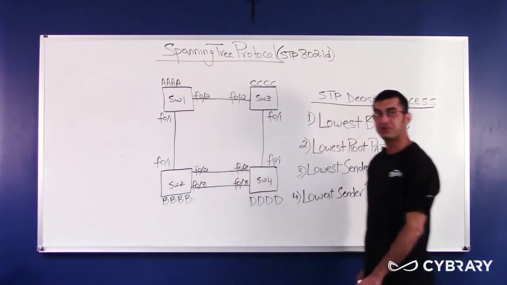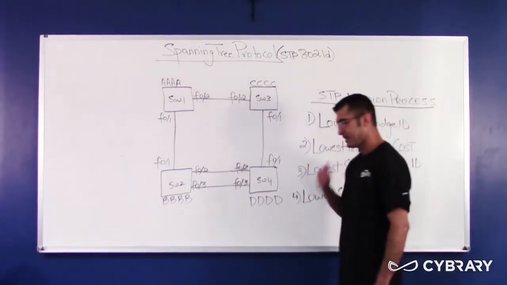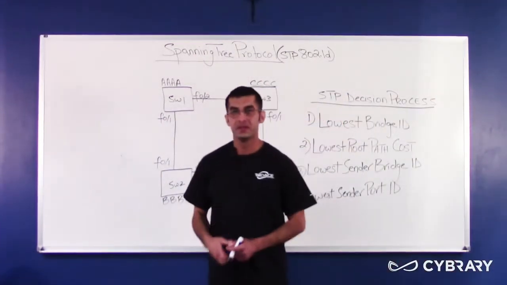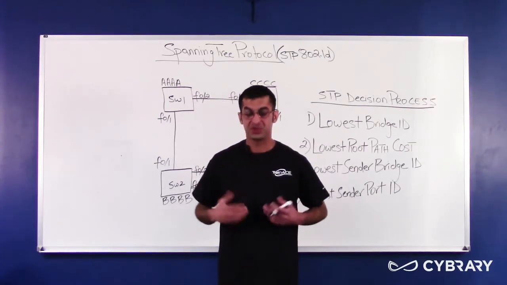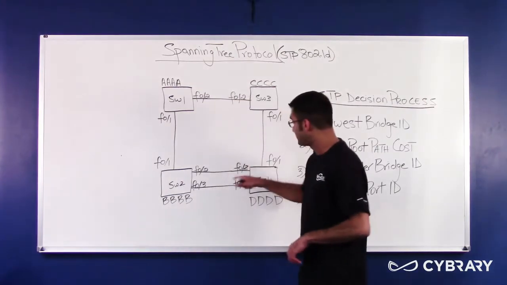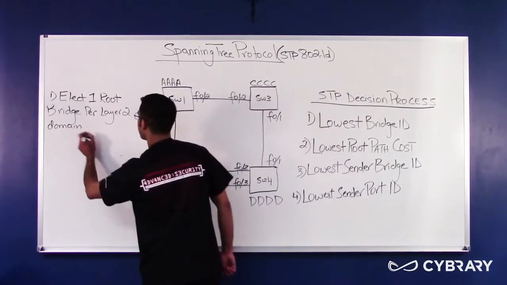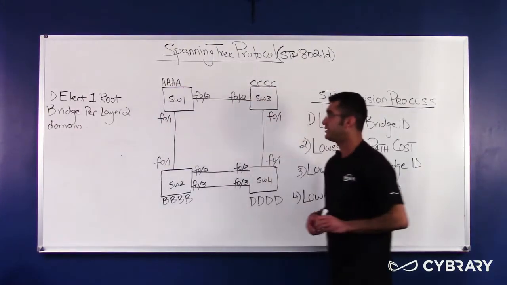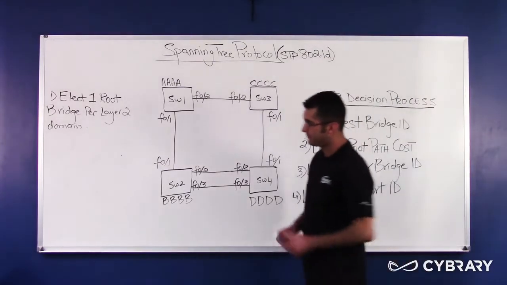Now, spanning tree works in 3 steps. So for spanning tree to go from nothing, from just starting up, to it converging, and by converging I mean some of these links will get shut down, it does that in 3 steps. So step 1 for spanning tree is elect one root bridge per layer 2 domain.